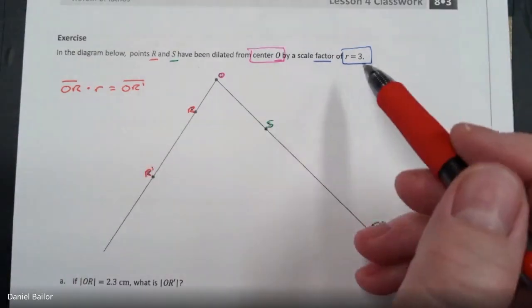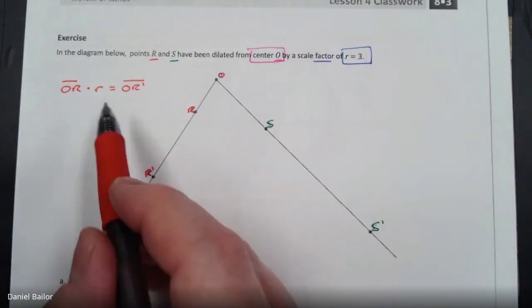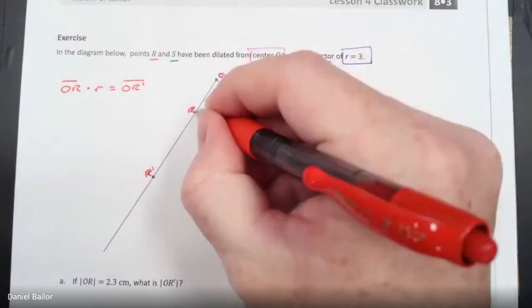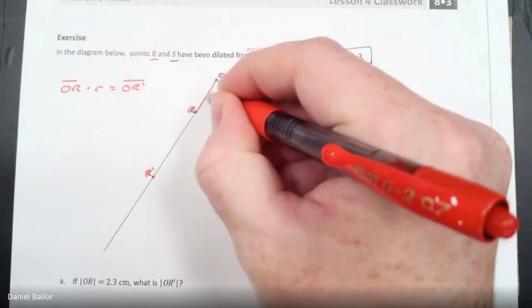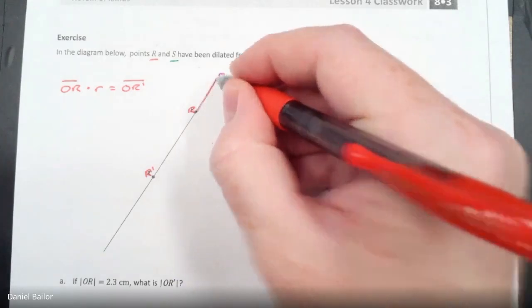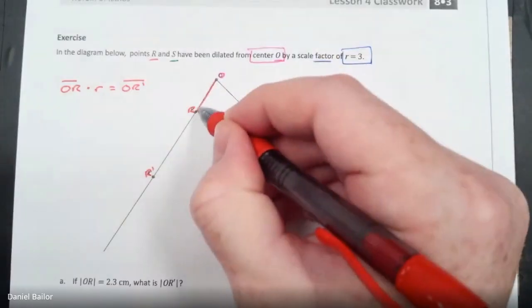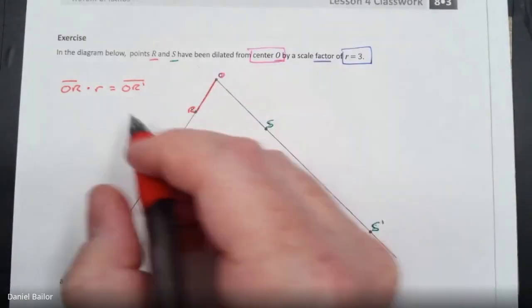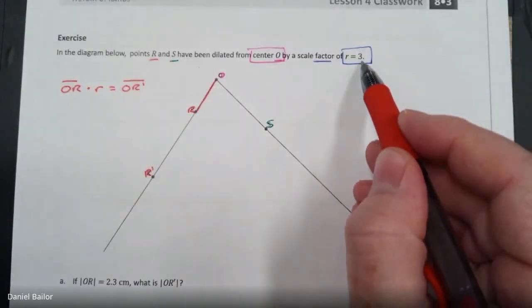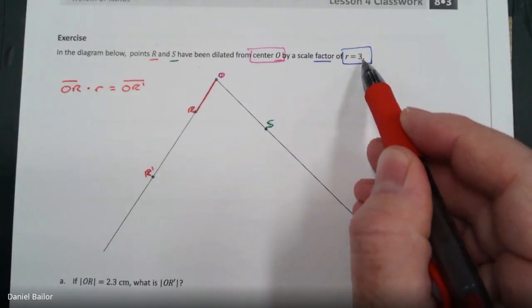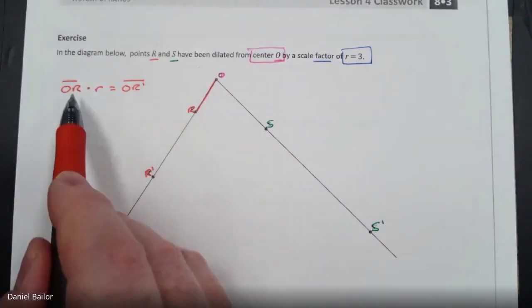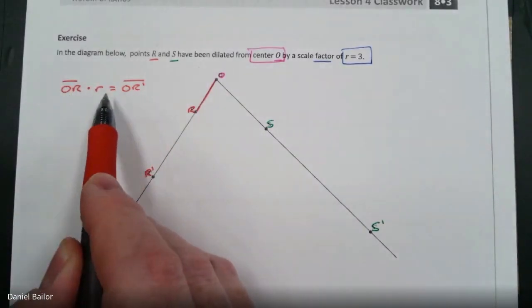That's what scale factor does. Scale factor multiplies how long things are. So how long this is right here gets multiplied by the scale factor 3 to make the new one, to make it longer. It makes it longer because this is bigger than 1. If this was a fraction, it would make it shorter. But remember, this equation works for all changes.